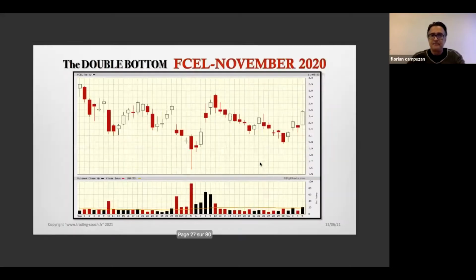Okay. And here again, we're going to change after that. Double bottom, you have FSL, a good trade. But you see, volume is secondary for me. It's good, but it remains secondary. The price does everything. Volume is not a lagging indicator, it's an objective indicator, but in fact it tells me less than the price.